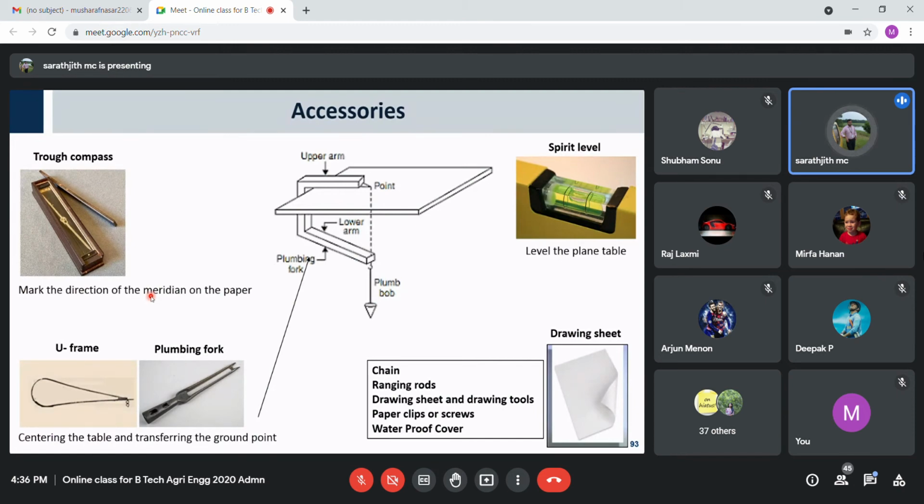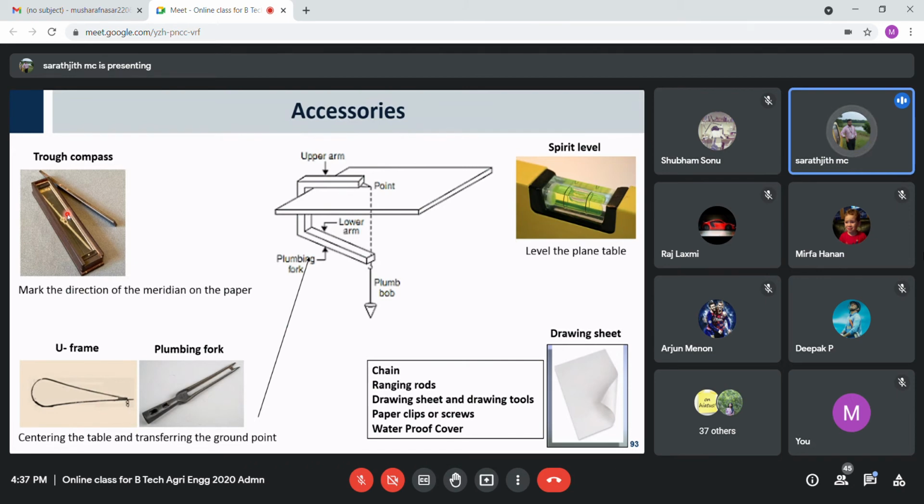North south, no? The north and south which you are marking using the compass is the magnetic meridian, right? So this magnetic meridian is the north-south direction. Generally, when you place this table, you mark the direction north because you have a compass, and it shows you the north direction, right?